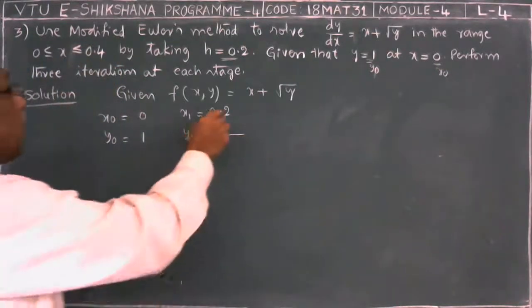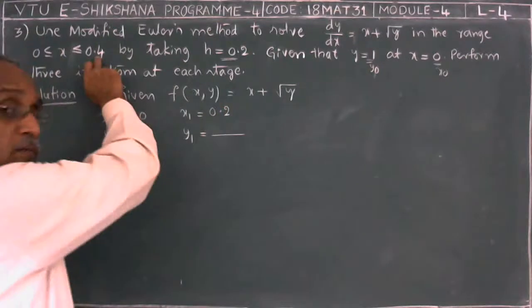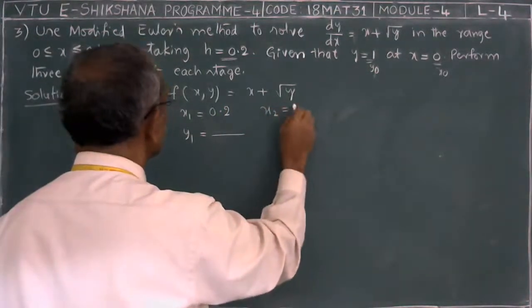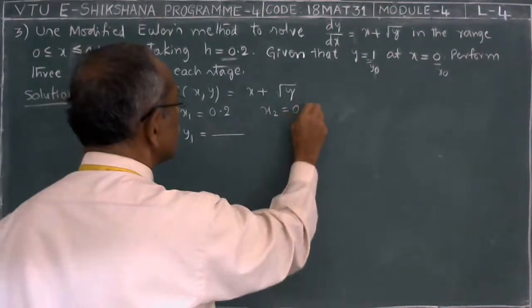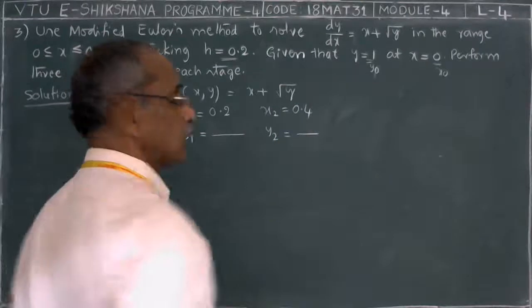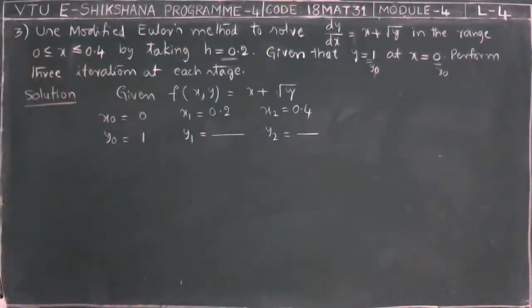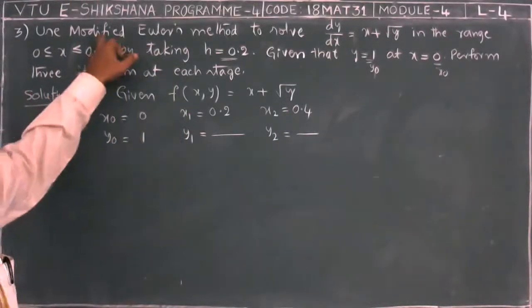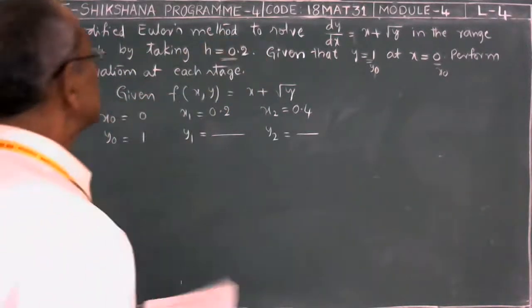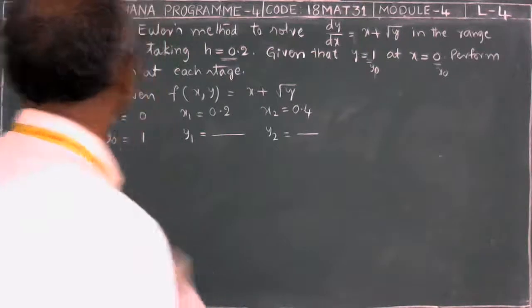Next, add 0.2 again to this till you get 0.4. So 0.2 plus 0.2 is your next value, 0.4. So the corresponding value of y at x is equal to 0.2, we need to calculate using modified Euler's method. Now h is very clear, it is going to be 0.2.